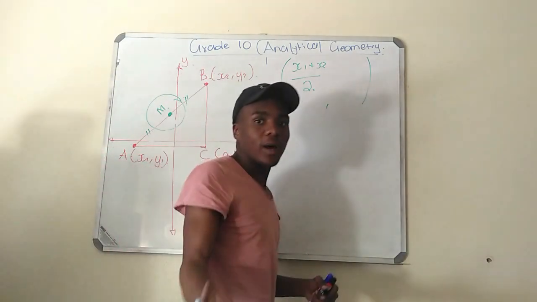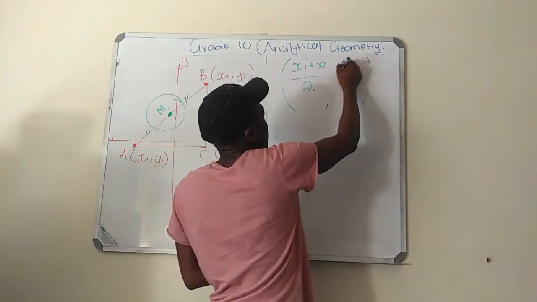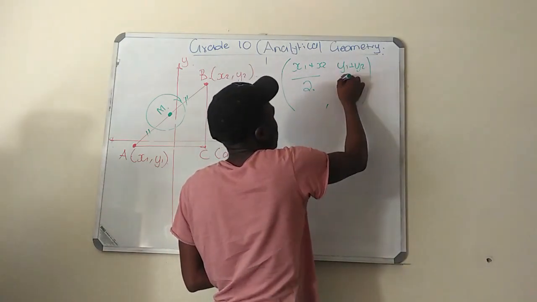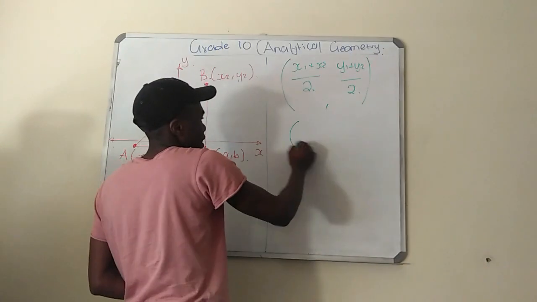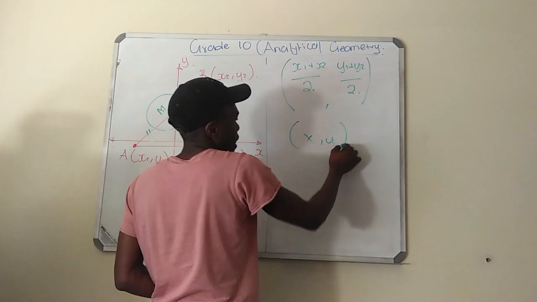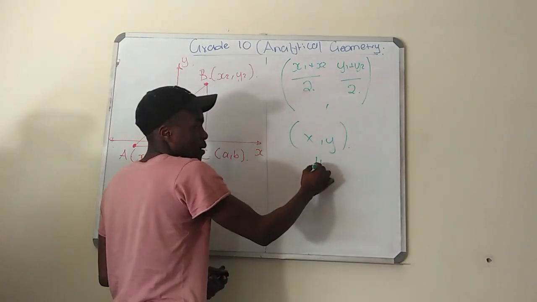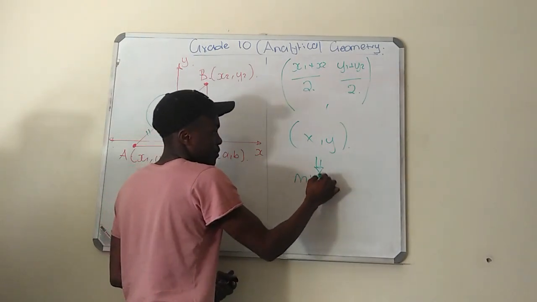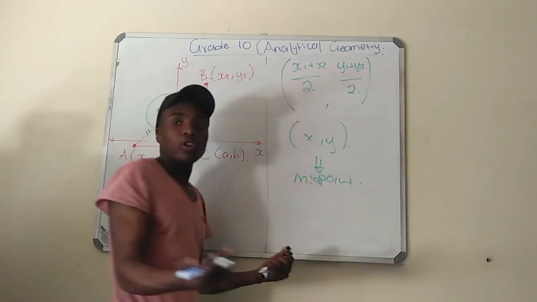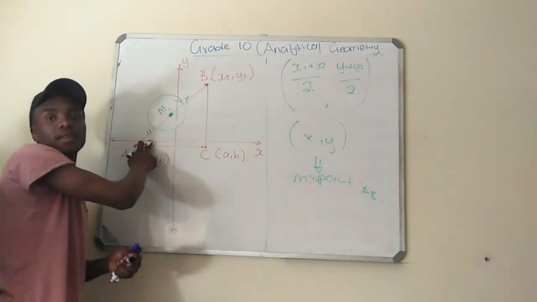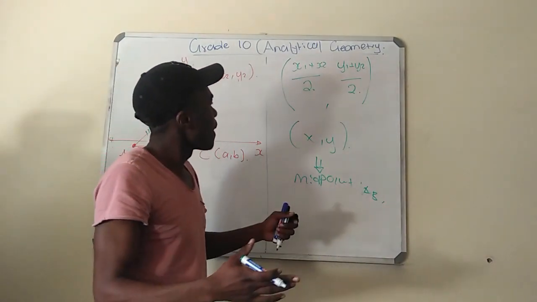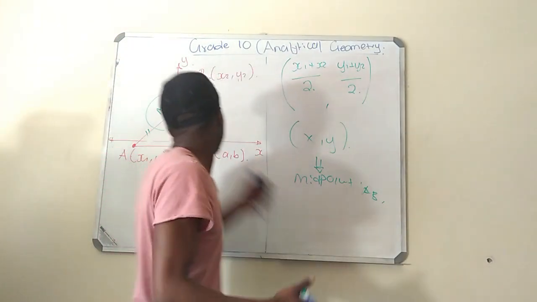For the y, it's the same thing: y1 plus y2 over 2. The result is x and y, which is my midpoint. Midpoint of which line? Line AB. So this is how we get the midpoint of a line.